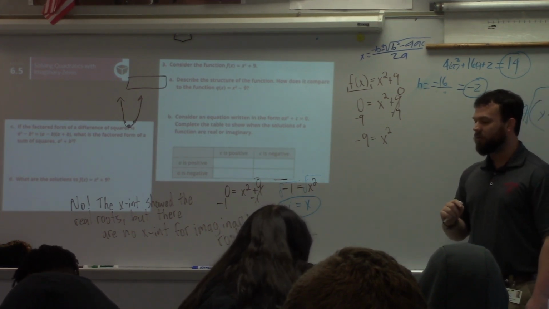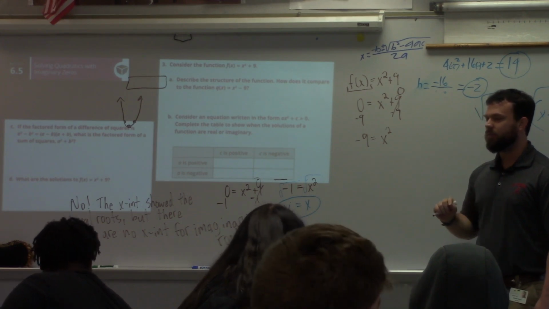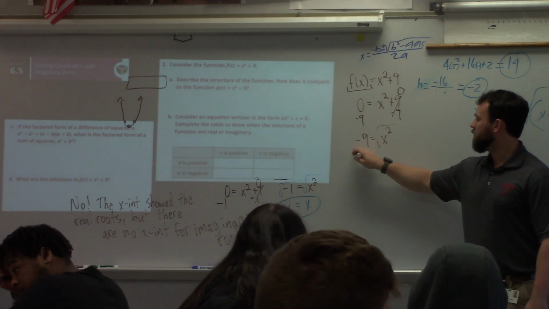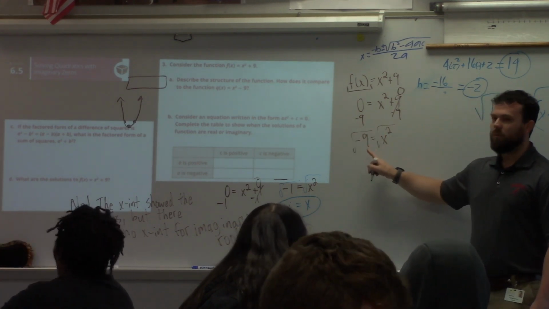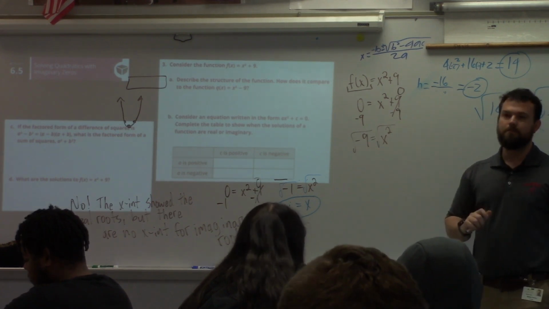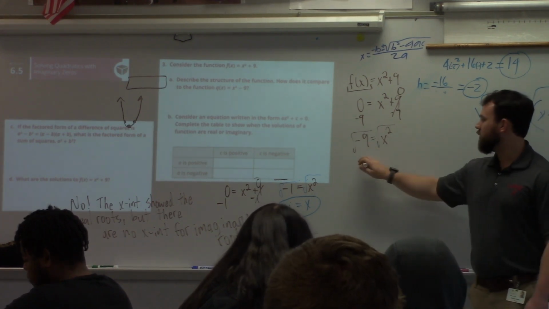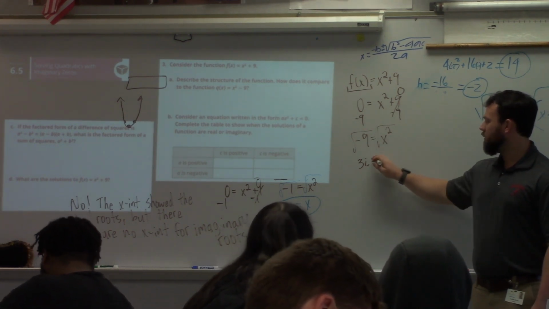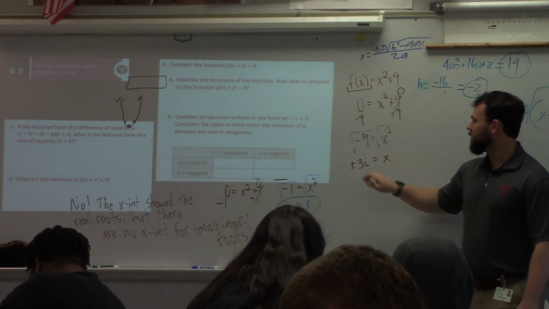Square root. What's the square root of 9? 3. What's the square root of negative 1? i. So x is equal to plus or minus 3i.